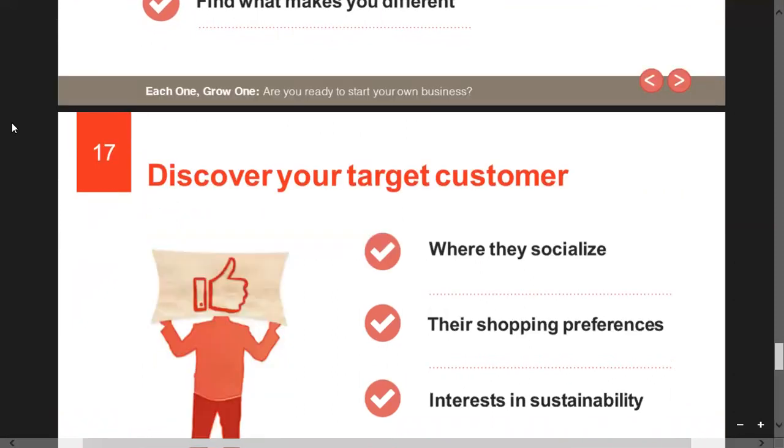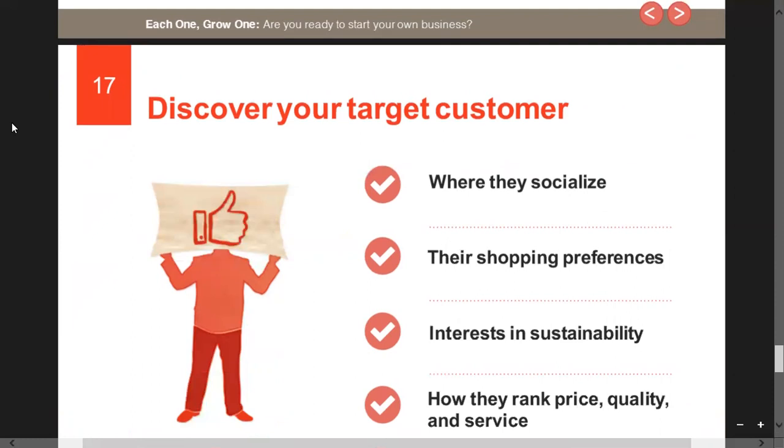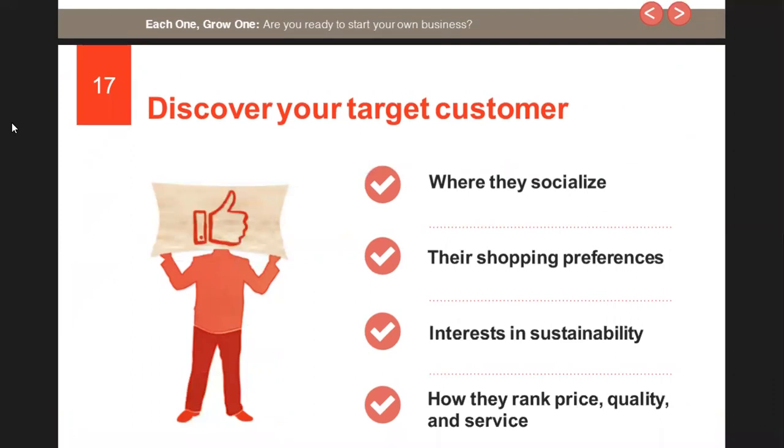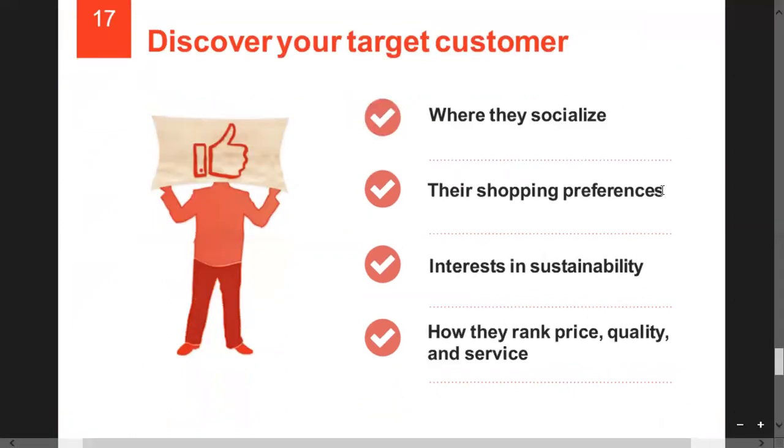And 17, discover your target customer. Yeah, your target customer, like I said earlier, is the customer that you expect to buy your good or product or services. Where they socialize, the shopping preferences, interest in sustainability, how they rank price, quality, and service. For example, you run a coffee shop.